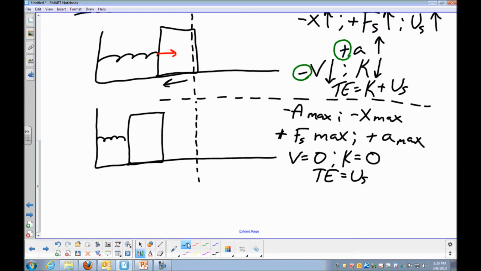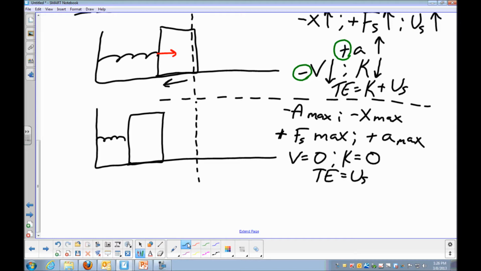Except for the signs of the displacement, the direction of the spring force and the acceleration, the magnitudes of all these terms are the same as when it was at the positive maximum amplitude. And then the box is going to be pushed back. And as it's pushed back, we can go through the same analysis.